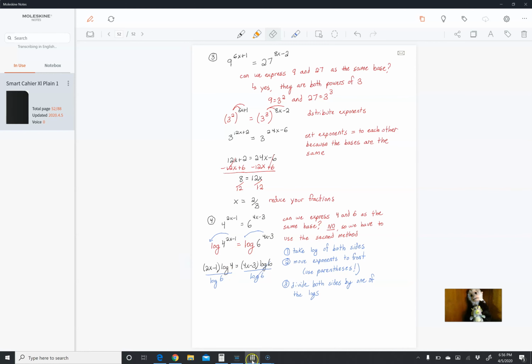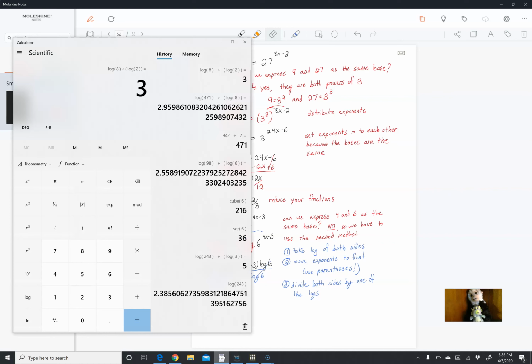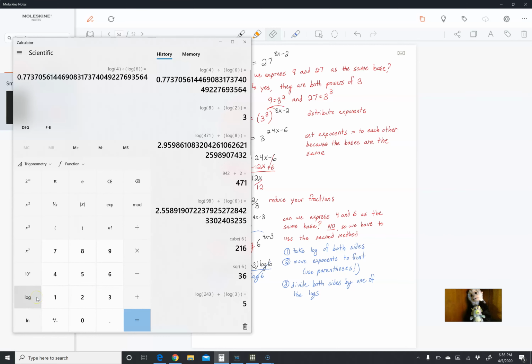So we're going to calculate log of 4 over log of 6. So on this one, we have to type in the 4 first, then press log, divided by, in parentheses, 6, press log, close parentheses, and we get 0.77. I would even go to 0.774 if you want.